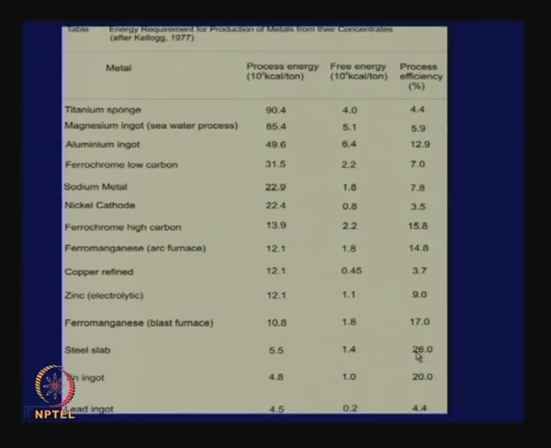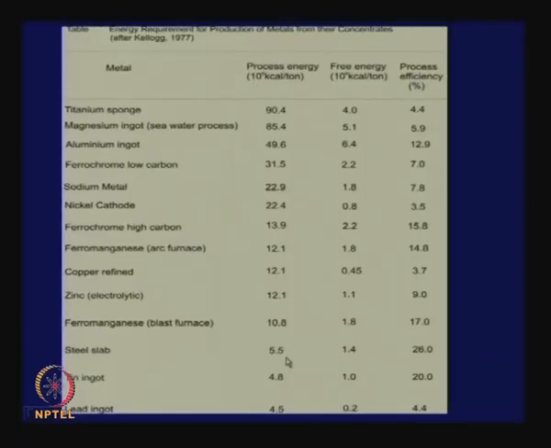It is because, say, in the case of iron, we can get iron ores which are almost very close to the Fe2O3 composition, plus the energy requirement in excess of the breaking down of the oxide is not that much. So, whereas the process energy is 5.5 into 10 to the power 6 kilocalorie per ton, from the free energy point of view it should have been 1.4. So, process energy is 26%.